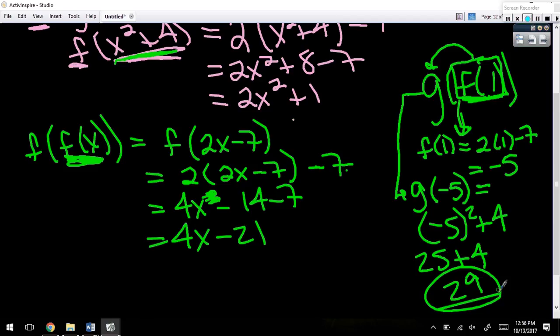So you go back to the original f of x problem: 2 times 1, where the x was, minus 7. So you plug it back into itself. Basically, where x was in the original f of x problem is 1.